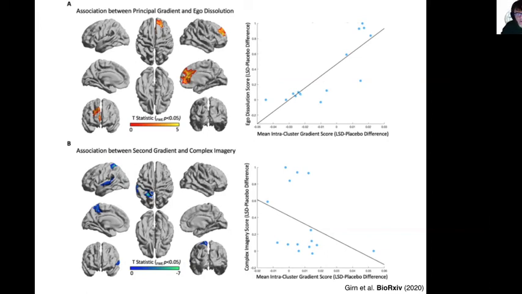This suggests that as you're taking LSD, you get way more into your imagination and travel into your thoughts, and way less taking information from what you actually see, and what you see is only coming from inside your brain.